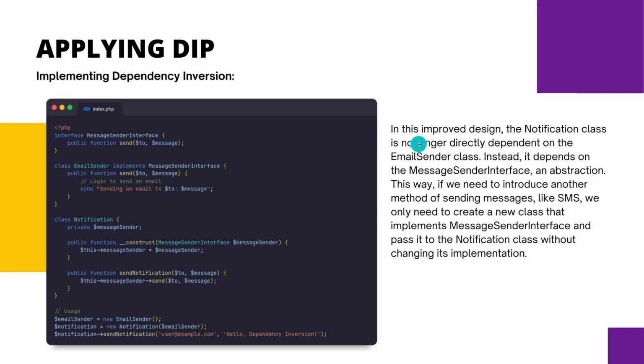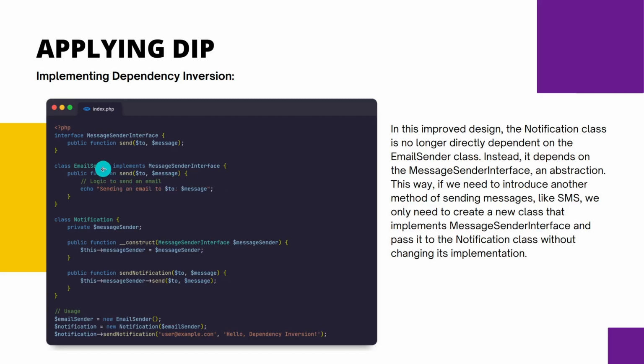So here we have the interface, an abstraction, the message sender interface that has only the send method. The email sender is a class that implements the message sender interface, and it overrides the send method and implements the logic to send the message.